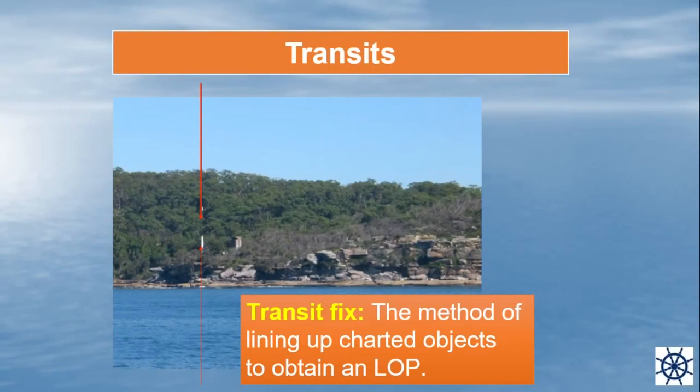Transit, no? Transit piques. The method of lining up charted objects to obtain a line of position. Okay, there are two visible structures there on the shore, no? So you can see there is a light structure there, like a white lighthouse, and another on top of it. When they are vertically aligned, no?